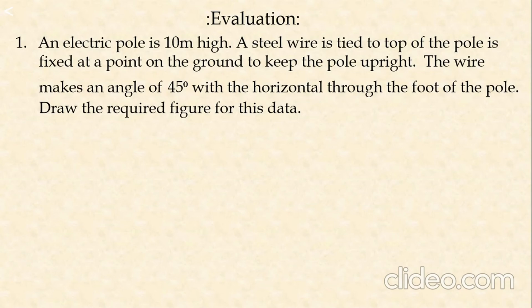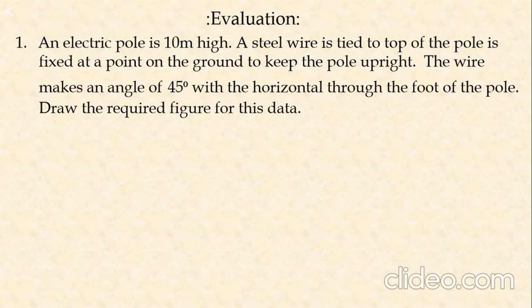Whenever you draw the figures for a given problem, first of all read it once or twice. By that you get some idea how to draw the figure. So here the height of the electric pole is given, and it should be tied to the ground with a wire, which is fixed on the ground.